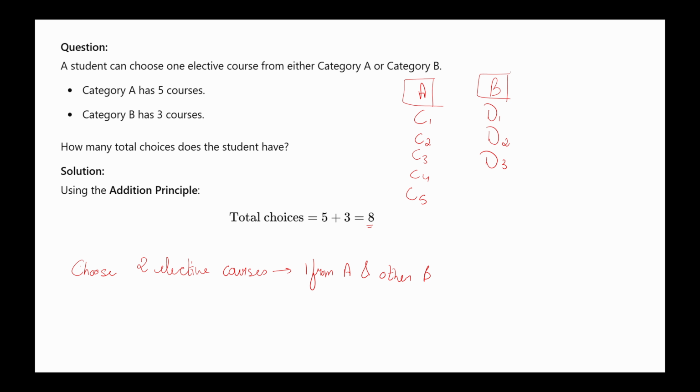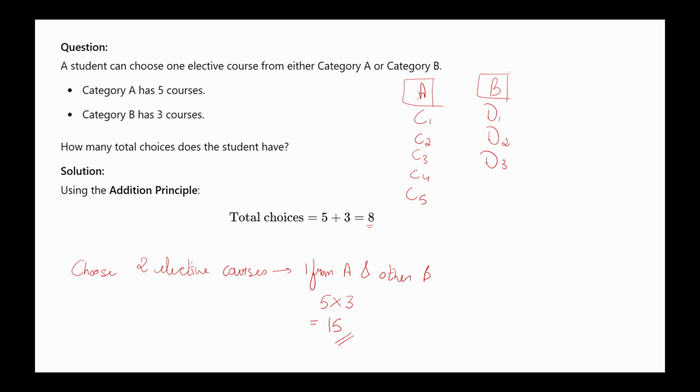What are the total number of combinations or choices that the student has? Now I'm saying that he has to choose one from A and one from B. From A he had 5 choices. Since I'm using AND, I would multiply this by 3, because from B I have 3 choices. So this would become 15 combinations.